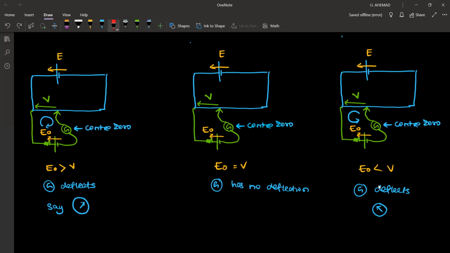Did both of you get the idea? A rough idea on how the potentiometer works.